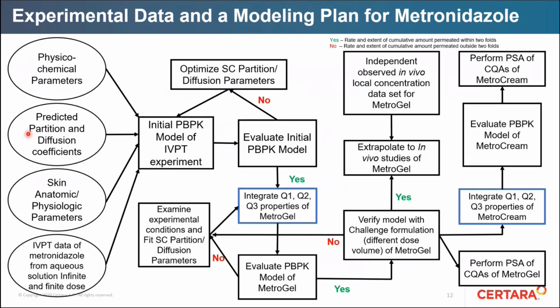That's really a big piece of work which we were doing at that time, and hopefully still ongoing. There are also skin anatomical and physiological parameters. Depending upon where the tissue sample was taken, you have to define the skin physiology. And then initially we started with IVPT data of metronidazole from aqueous solution.